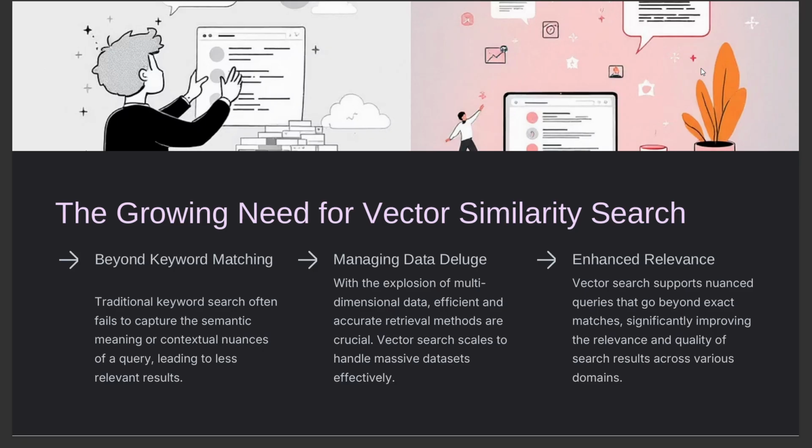Third, enhanced relevance. By representing meaning in vectors, we can achieve more accurate and personalized results, whether it's a product recommendation, an image match, or a chatbot response. This is all about the growing need for vector similarity search.